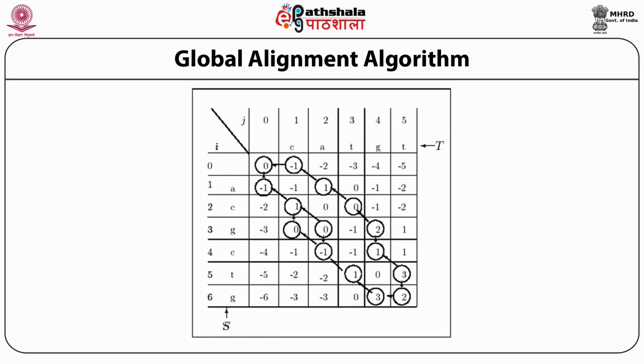As you can see here, there is more than one path which connects the last position, the end of the sequence, to the first position, the beginning of the sequence. So in this particular case, there is more than one global alignment. But of course, when you are doing real life sequences, they are very large, you usually do not get too many detours. There is usually just one best global alignment.